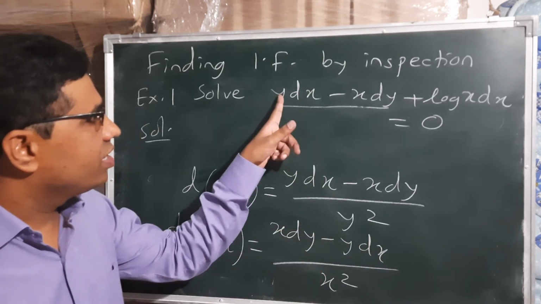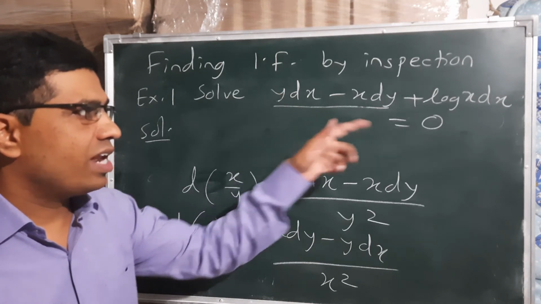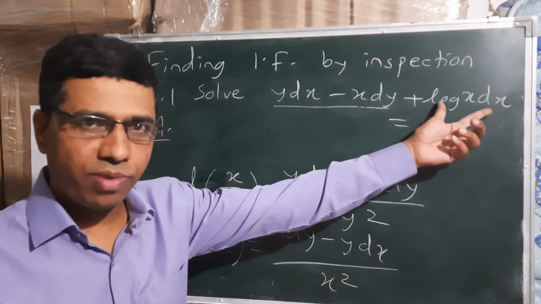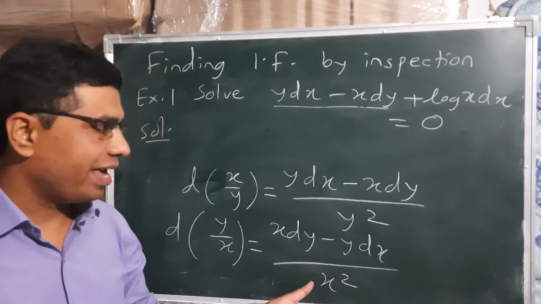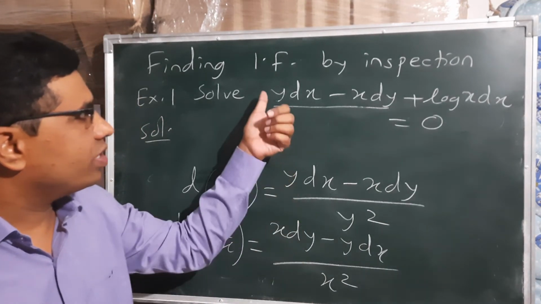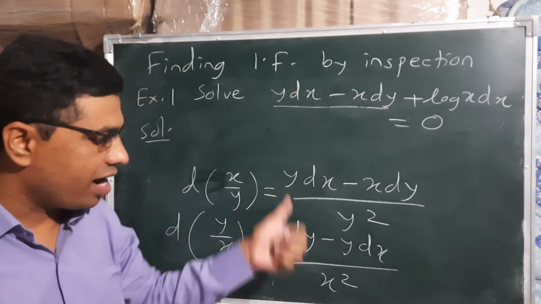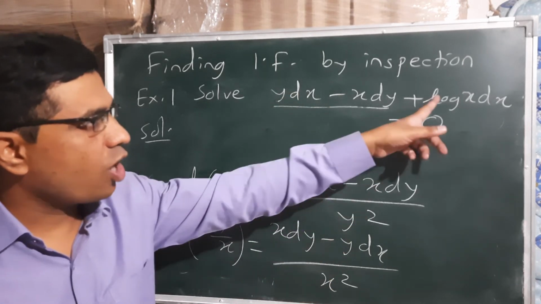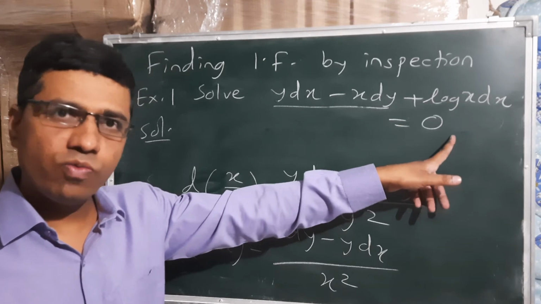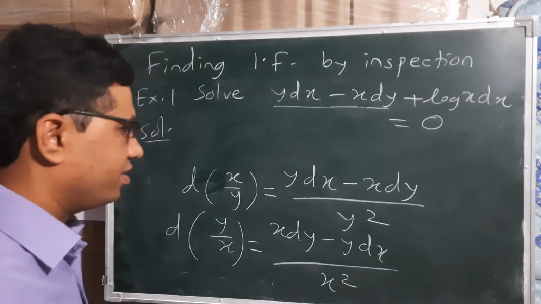So here dividing by y square will affect the exactness of the second part. So instead we can divide by x square and put a minus sign here. We can take the minus sign common and divide by x square, so that log of x divided by x square will be exact. Let us see.